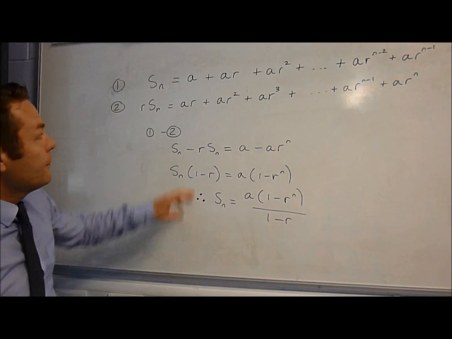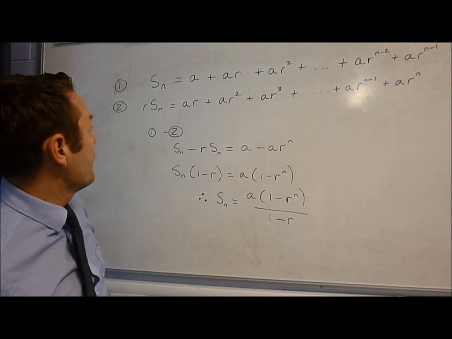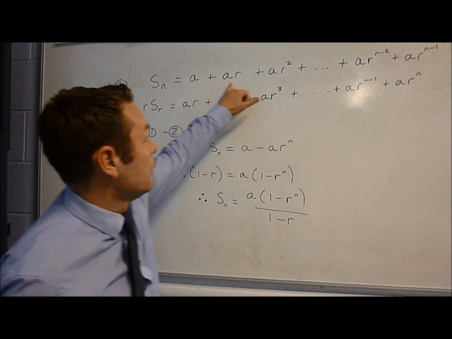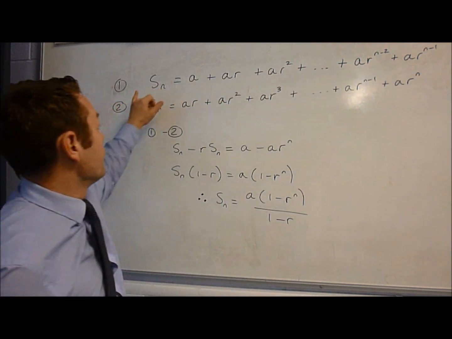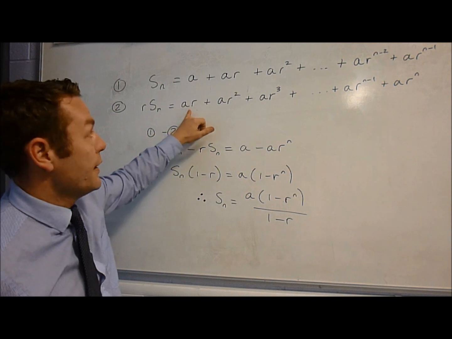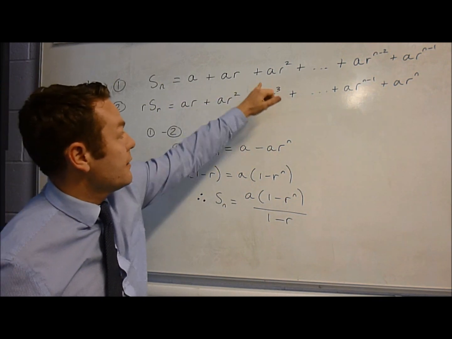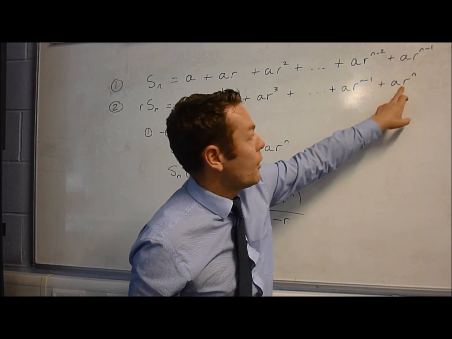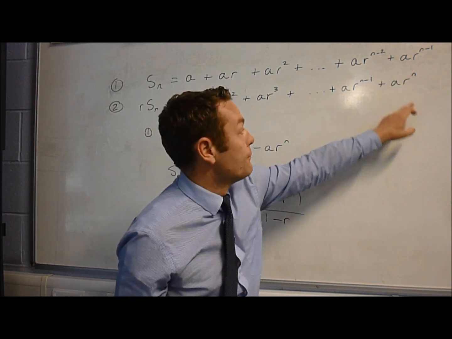Now, the key here is once we've written it term by term and we've got our sum, we then multiply this whole series by R. So we've got R Sn and then AR squared, AR cubed, plus all the way to the last term, times by R to get AR to the n.